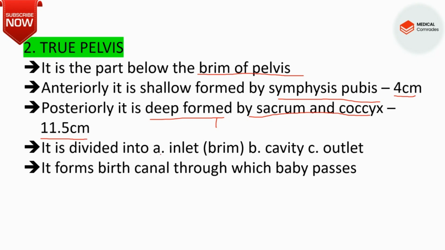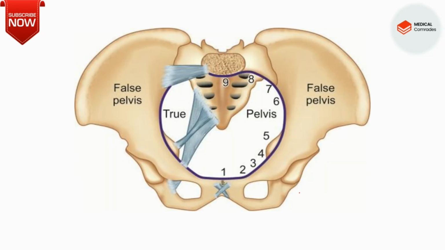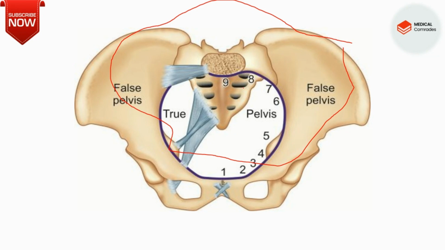It is divided into inlet, cavity, and outlet. It forms the birth canal, which has the main duty of the birth process or delivery. Here you can see the outside part is the false pelvis, and inside it is the true pelvis.